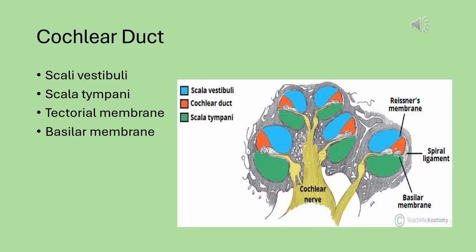Within this spiral-shaped organ duct, there is a layer of hair cells also known as the organ of Corti. The purpose of the hair cells is to trigger nerve signals regarding sound. They are triggered by the scala tympani and the scala vestibuli as these fluids move in wave-like motions whenever vibrations come from the middle ear. The scala tympani and vestibuli are also covered by membranes that separate them from the cochlear duct.